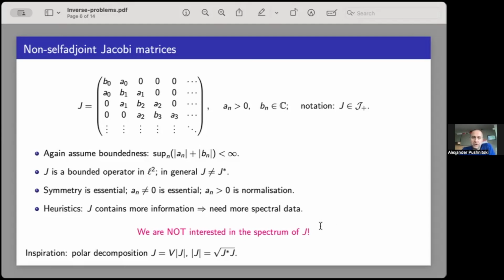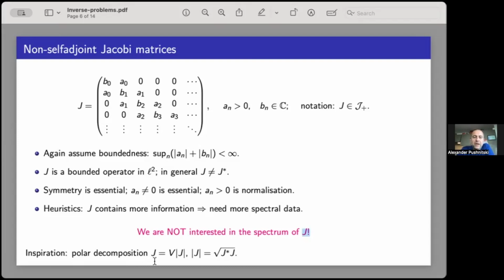Now, I want to say one important thing: although in theory we say it's a spectral problem, we are not really interested in the spectrum of this non-self-adjoint Jacobi matrix. Perhaps the original aspect of our work is that we are looking at a different way of parameterizing this matrix, and it's inspired by the polar decomposition.